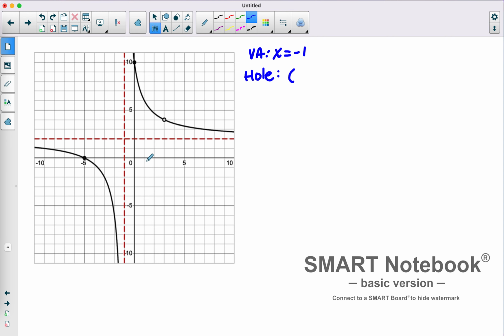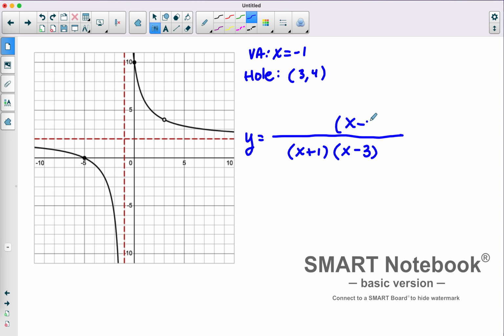This hole is at (3, 4). So just using those two pieces, I can find the things that go in the denominator. I'd have an x plus 1 in the denominator for the vertical asymptote, and x minus 3 in the top and bottom for this one.